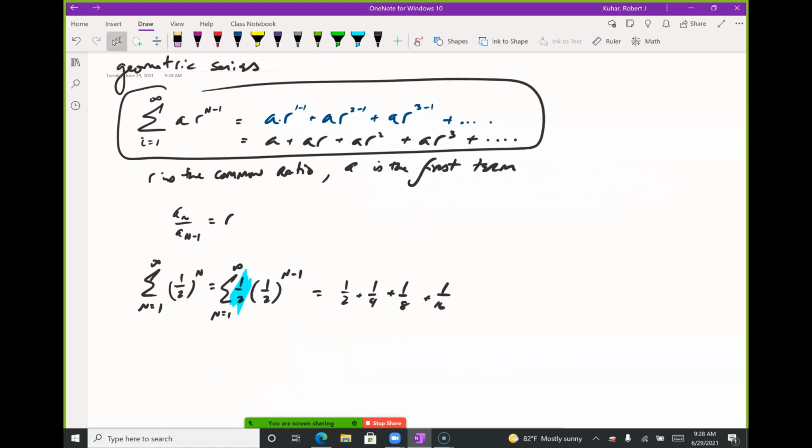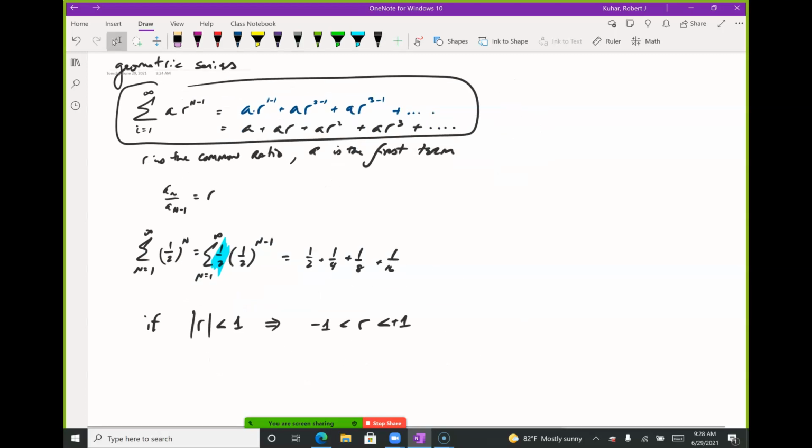It turns out that if the radius r, that common multiple, is in absolute value less than 1, which is from -1 to 1, that's what that absolute value means.